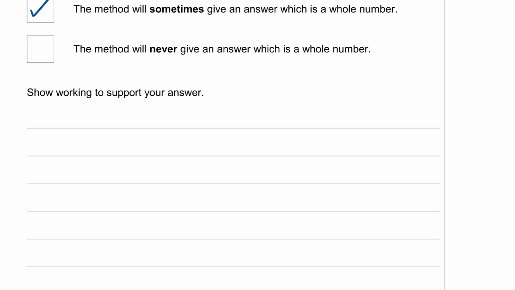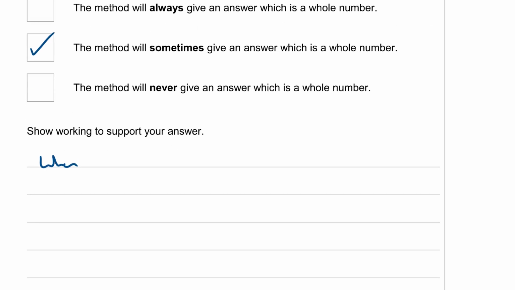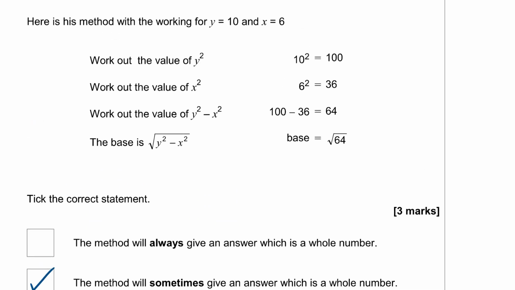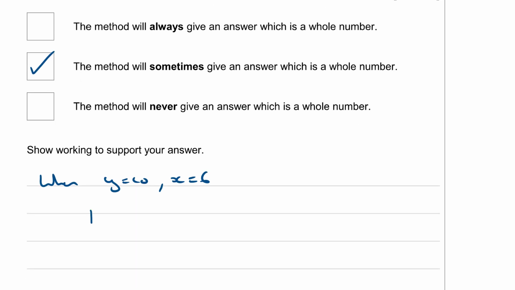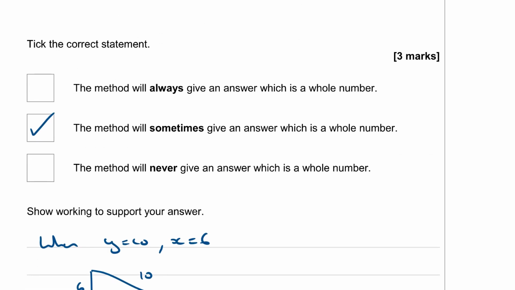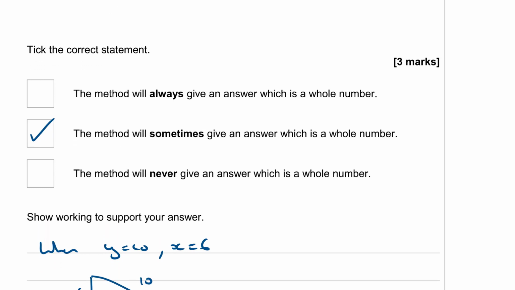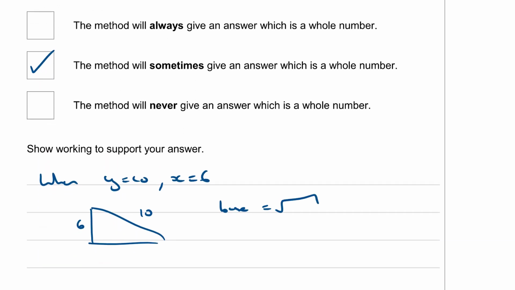So when y is 10 and x was 6, we had a triangle that looked like this: 10, 6, and so our base then was going to be root 64, which is 8.